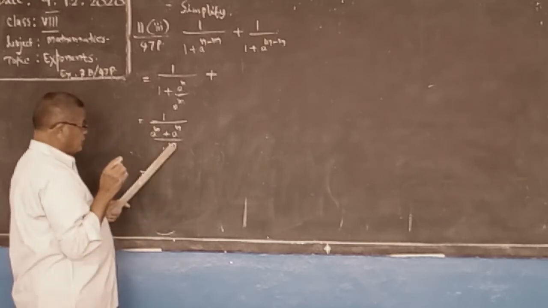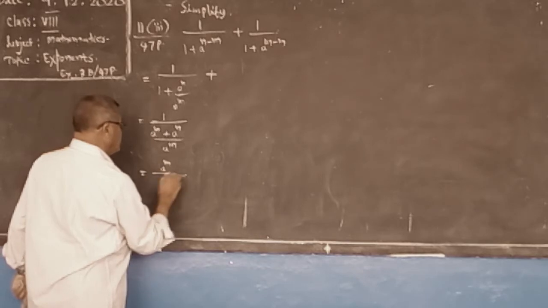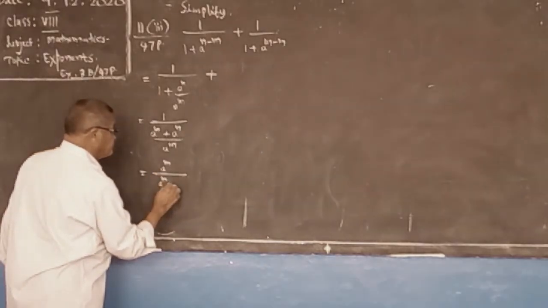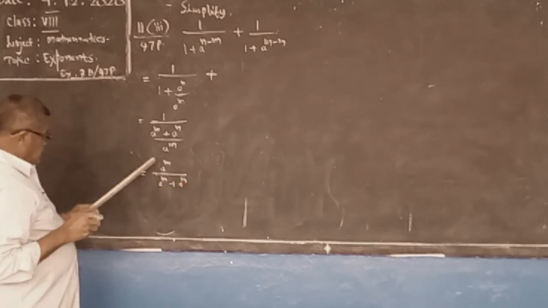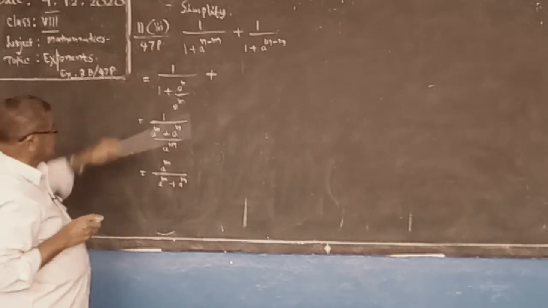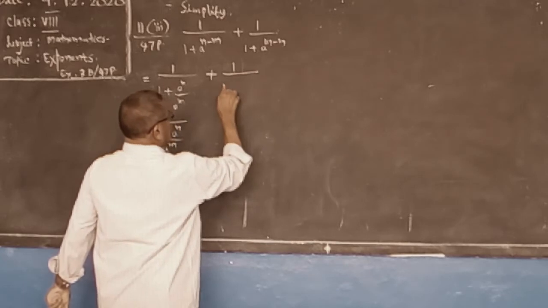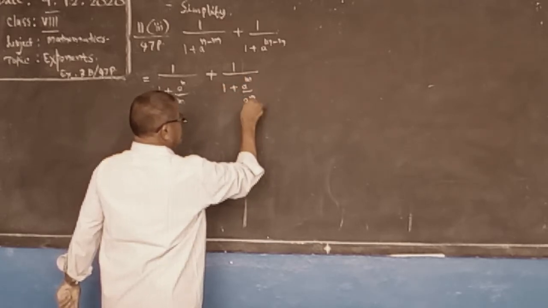This a to the power of m will go up. A to the power of m by a to the power of m plus a to the power of n. This is the last step from the first term. Second term: 1 by 1 plus a power m by a power n.